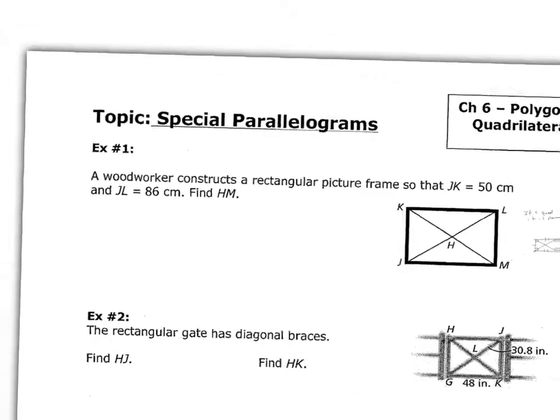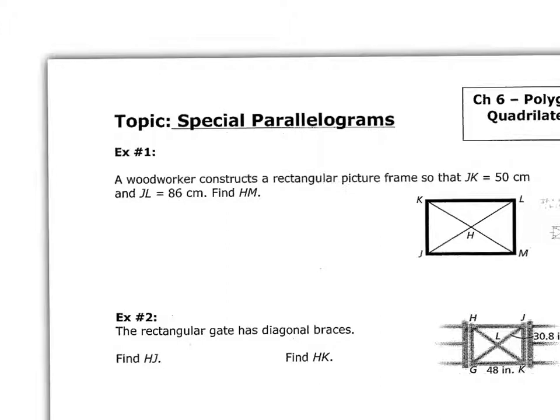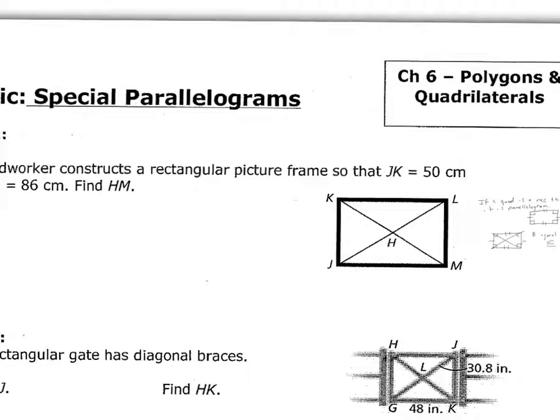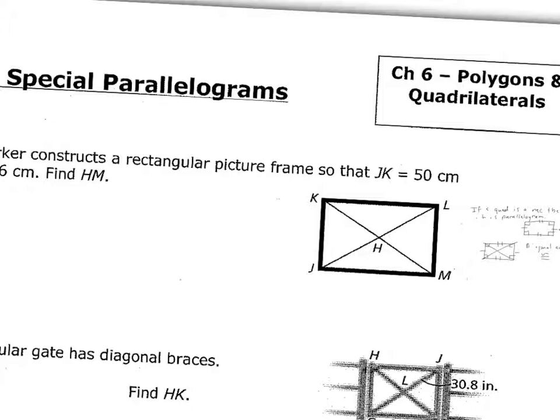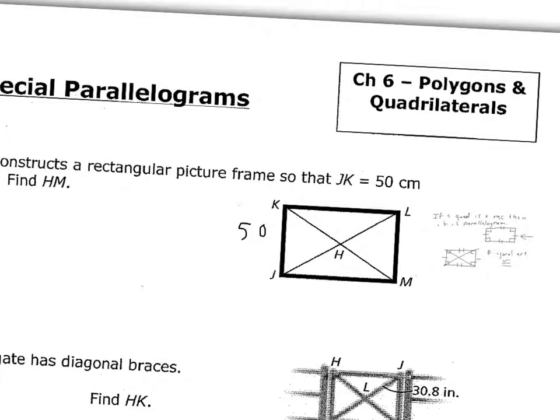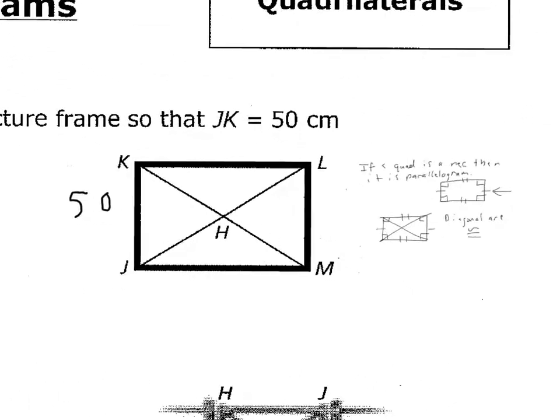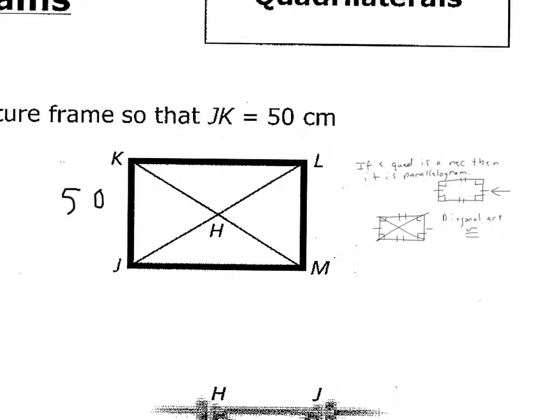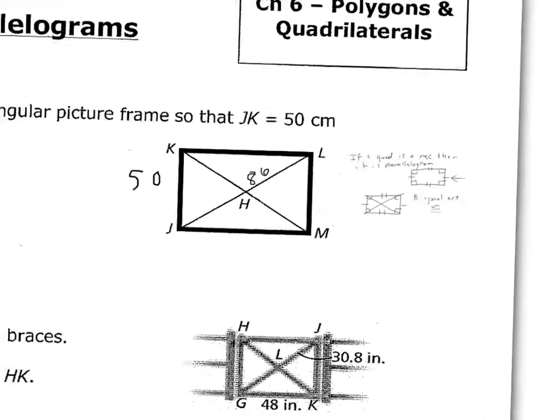Okay, so let's look at our first question here. It says a woodworker constructs a rectangular picture frame so that JK is 50 and JL is 86. Okay, so we know that JK is 50, and we know that JL is 86. And we want to go ahead and find HM.